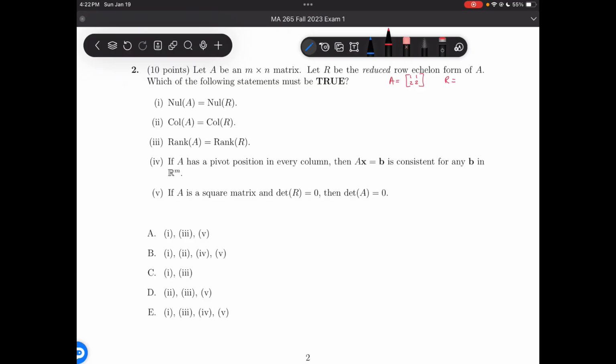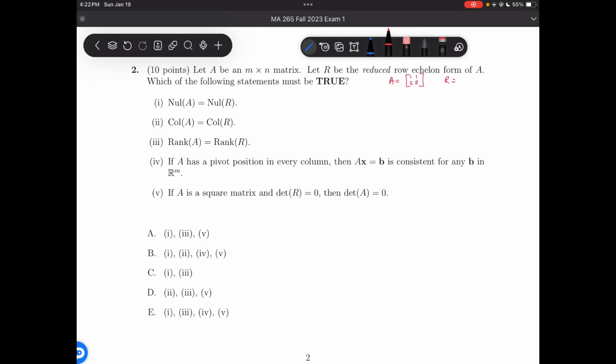So the reduced row echelon form is a form of a matrix where the first non-zero element in each row must be 1.